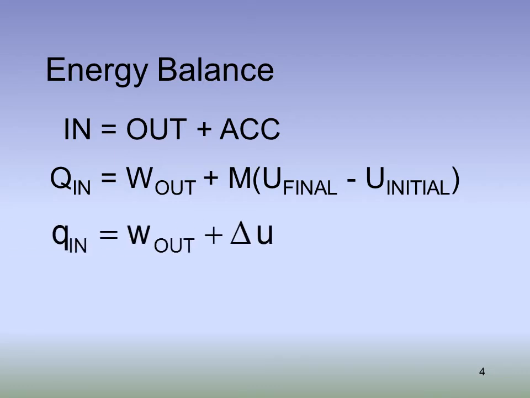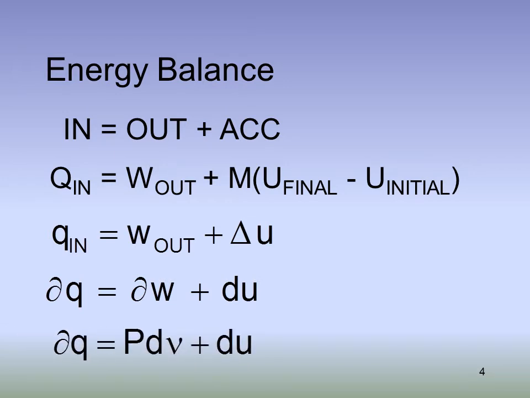Or if I divide out the mass, then I'll have per mass Qin equals work out plus delta u, where delta u is the specific internal energy change. Or, shrinking it down, dq is equal to dw plus du: a small flow of heat equals a small flow of work plus du, the change in the property internal energy.